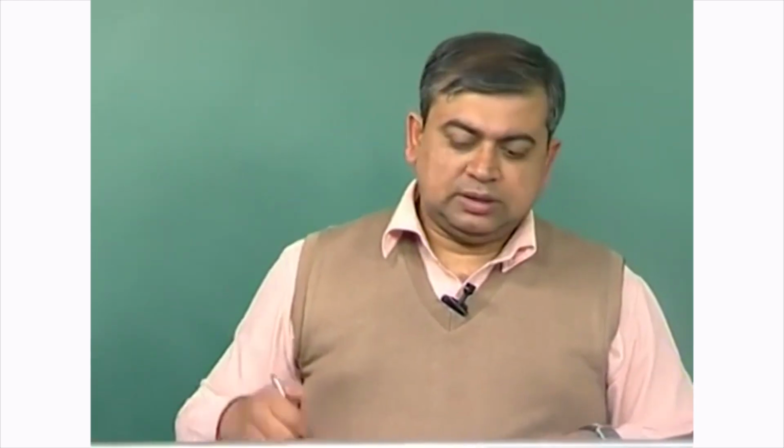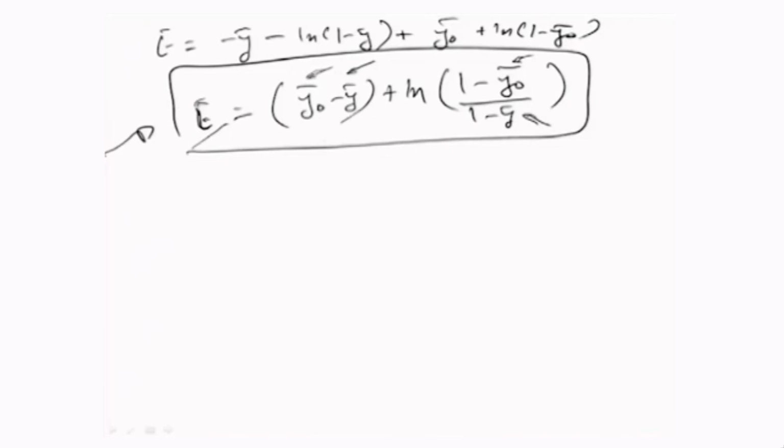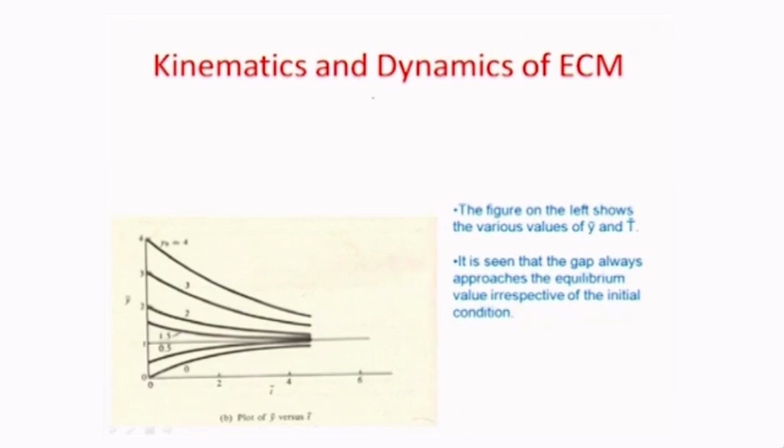So if we plot t dash and y dash together in an xy plot like this, you can see that for various values of initial gap, at time t equal to 0, there is a plot where y0 is 4. There is a plot at time t equal to 0 where y0 is 3, or 2, or 1.5. So these are different initial gaps for the process.